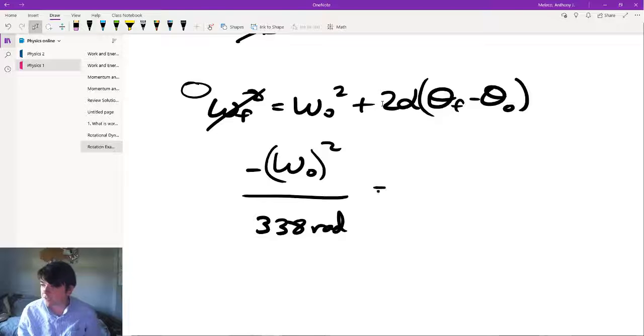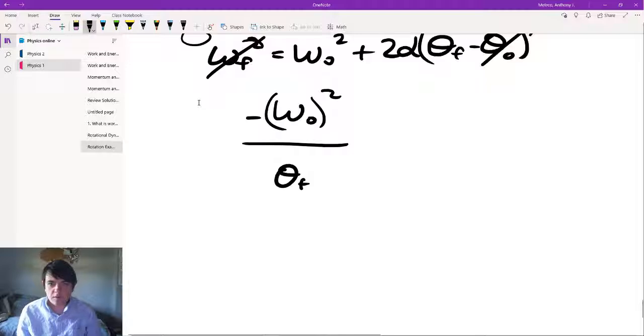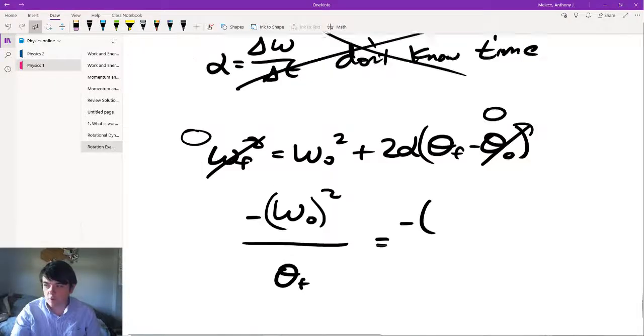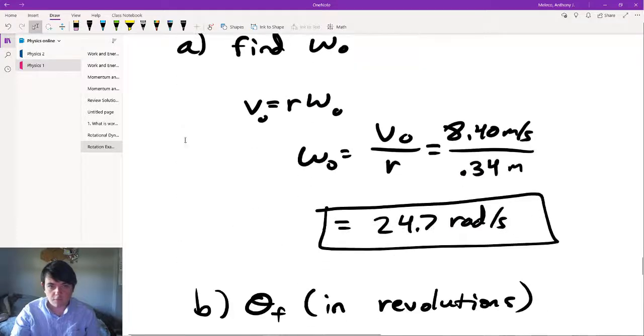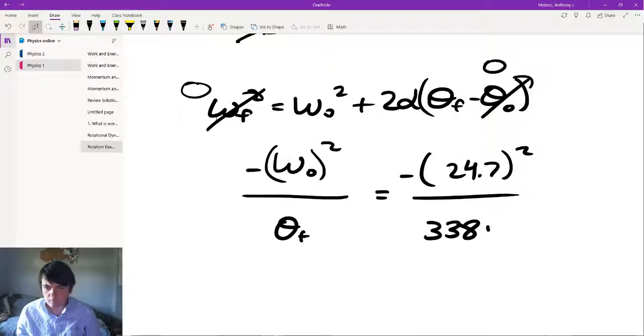And so what we actually get then, because this was 0, this equals minus 24.7 squared over 338 radians, because this was in radians per second, and then the whole thing squared.